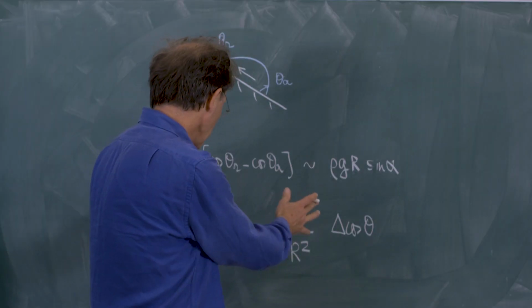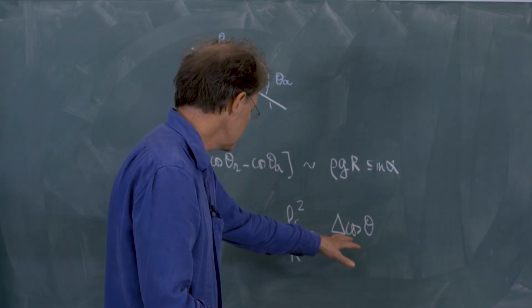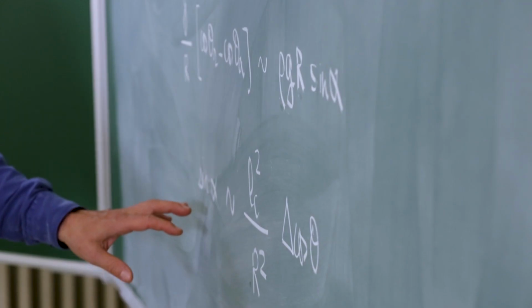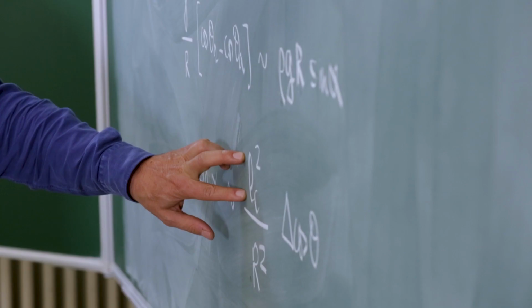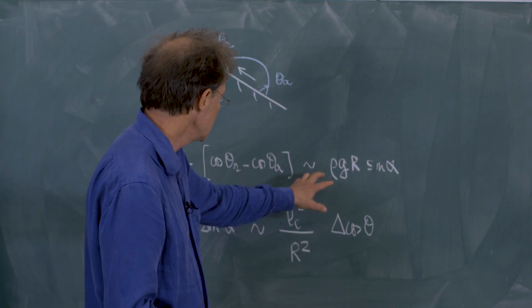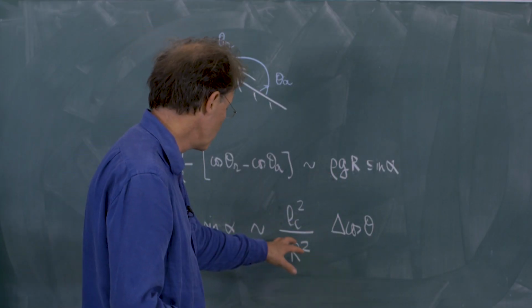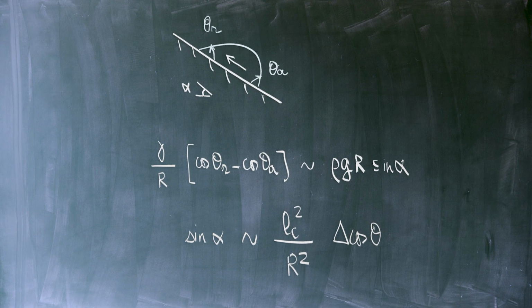In addition, we see that Furmidge's formula allows us to determine very conveniently the contact angle hysteresis from the measurement of alpha. For a given liquid, the capillary length is known because the square of the capillary length is surface tension divided by rho g, and of course the size of the drop is known, so that we can very simply measure this important quantity by this daily life experiment.